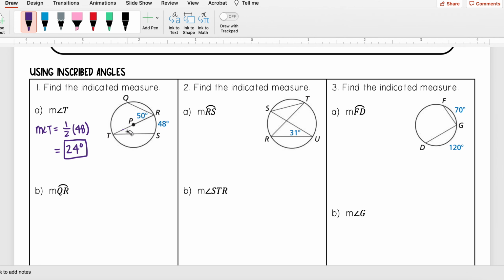Okay, now I'm going to look at finding the measure of arc QR. So I want to find the measure of this arc. I see that this arc is not an intercepted arc of an angle. However, I do have this angle, 50 degrees, and I see that its intercepted arc is QT.